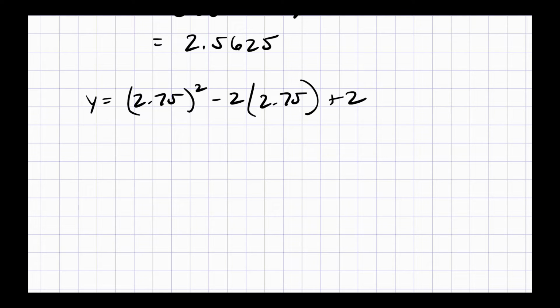Plus 2. Okay, so last time. 7.5625, that's 2.75 squared. 2 times 2.75 is 5.5 plus 2.